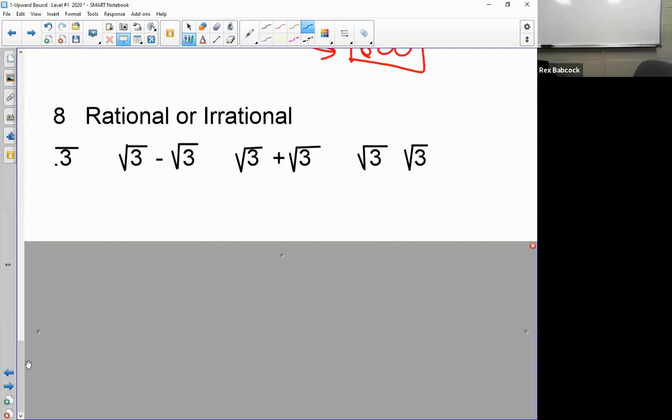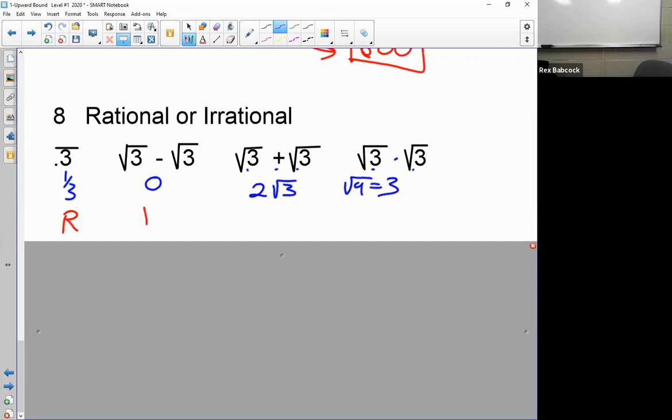Okay, let's take a look at it. 3 over 3, I know that's 1. Square root of 3 minus square root of 3 is 0. Square root of 3 plus the square root of 3, that's 2 of those square roots of 3. Square root of 3 times the square root of 3 is the square root of 9, or 3.